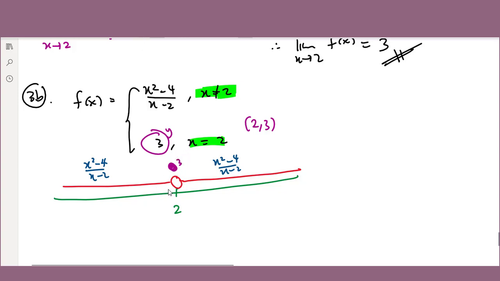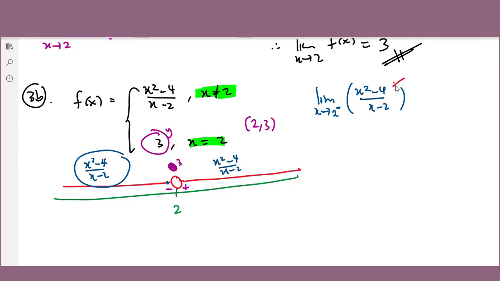Limit means check on the left and on the right. So I limit as x approaches 2 from the left. So 2 from the left, the function lies here, so we choose this one, x squared minus 4 over x minus 2. Substitute 2, you get 0 over 0. 4 minus 4 is 0, 2 minus 2 is 0. This is an indeterminate form.